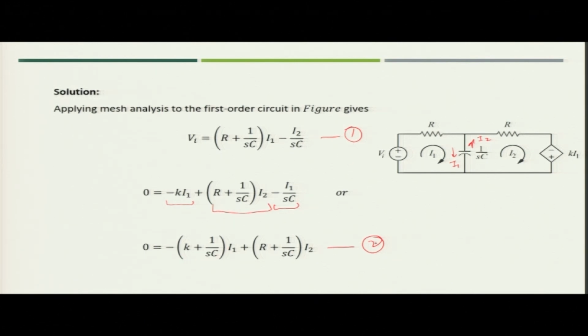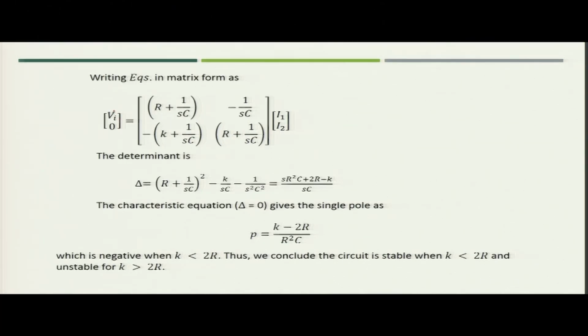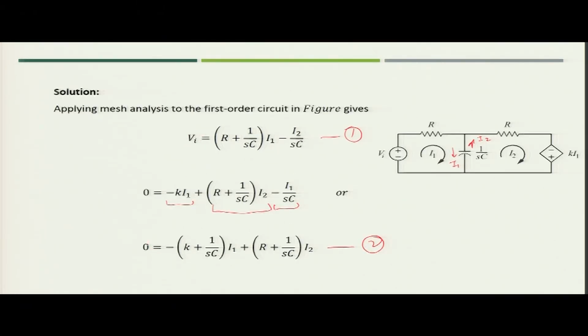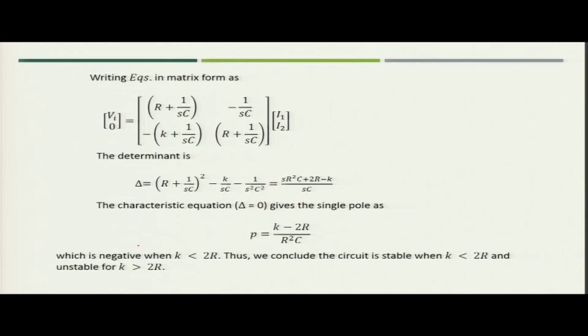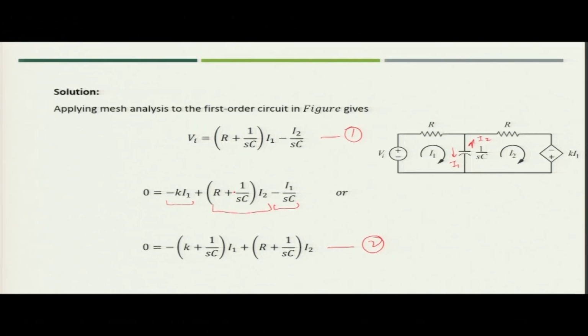So, now you have these two equations. If you represent them in matrix form, how will you write? You can write these two equations as Vi on the left hand side, and here the value is 0. So, you will write Vi, 0, then you will arrange the components.